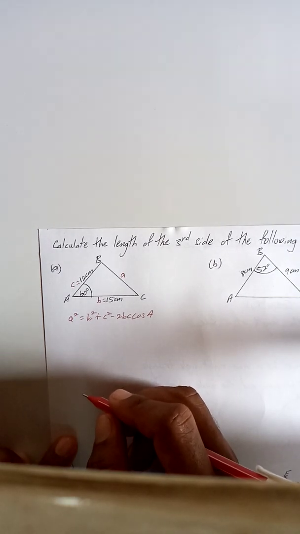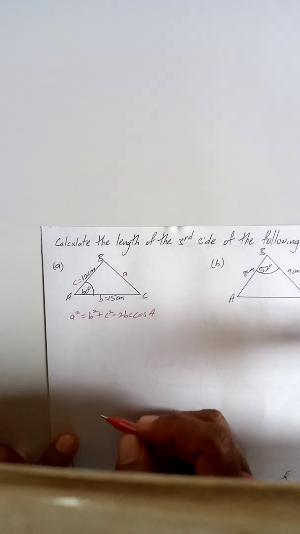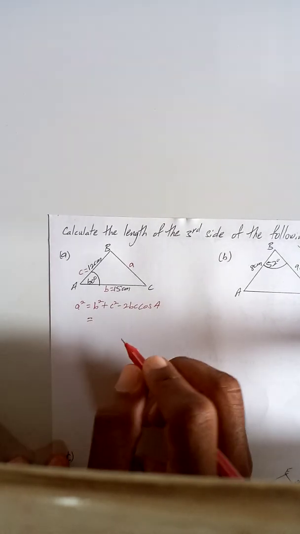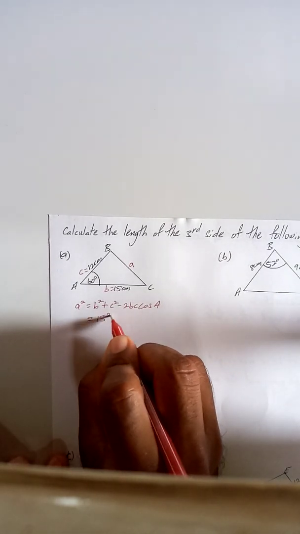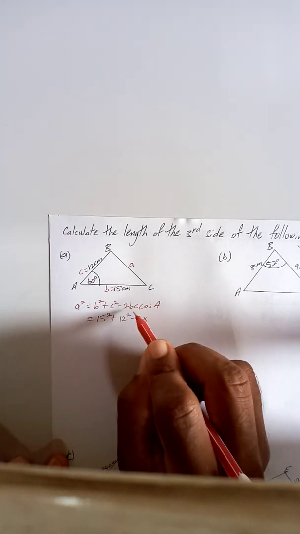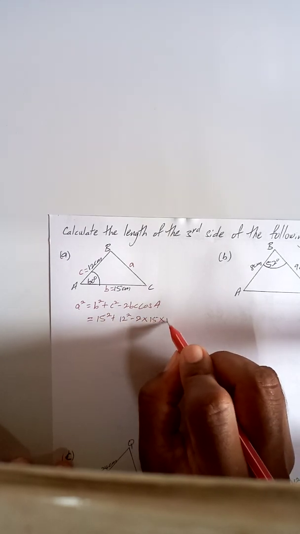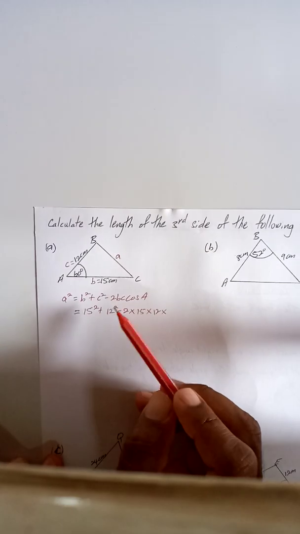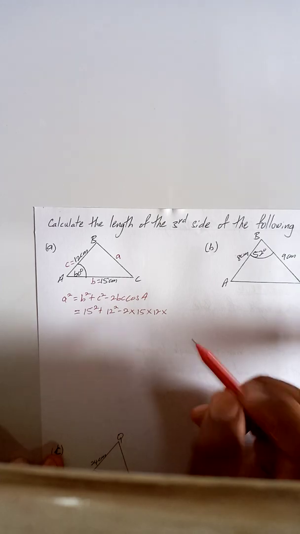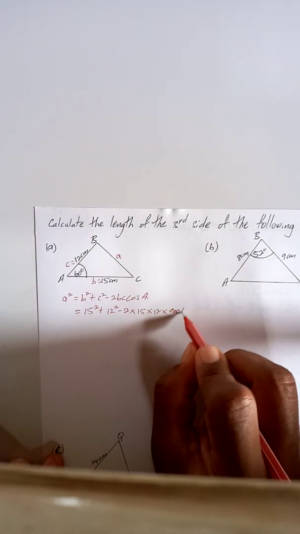And all we need to do now is to substitute the values into the formula and use our calculator and work through. So here b in this case will be 15 squared plus c, which is 12 squared, minus 2 times b, which is 15, times c, which is 12, times, in algebra we understand that multiplication is implied between them, so times cos A, which is the angle, cos 60.